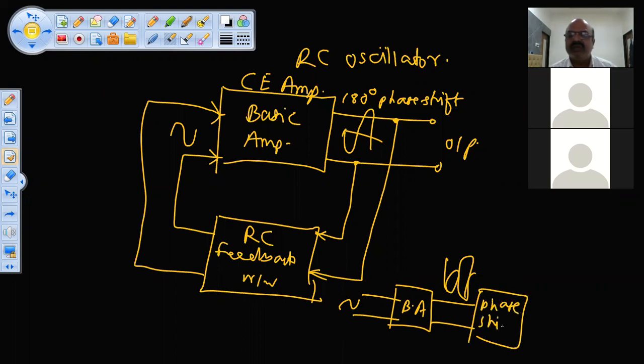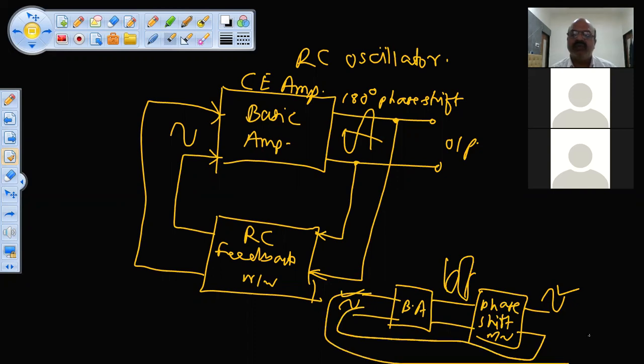It again gives you a phase shift, so you get the original signal, the same signal phase. And this I apply to the input like this. If I make this type of arrangement, then I will get the oscillations. This is one way you can achieve this.